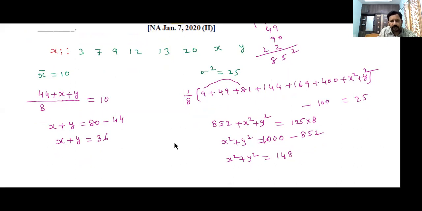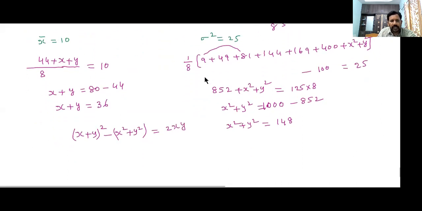But we need xy. What is the x plus y whole square formula? x plus y whole square minus x square plus y square is equal to 2 into xy.